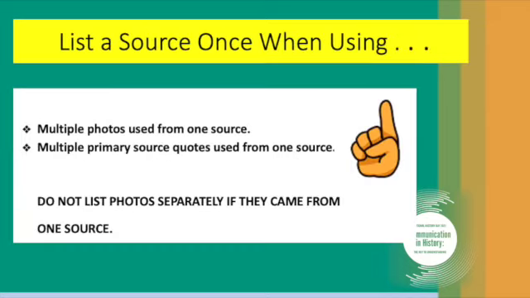Don't forget to list a source only once when you're using multiple photos from that one source. Do not list photos separately if they came from one source. So in your annotation, you could actually say what photos you found and how you use them.